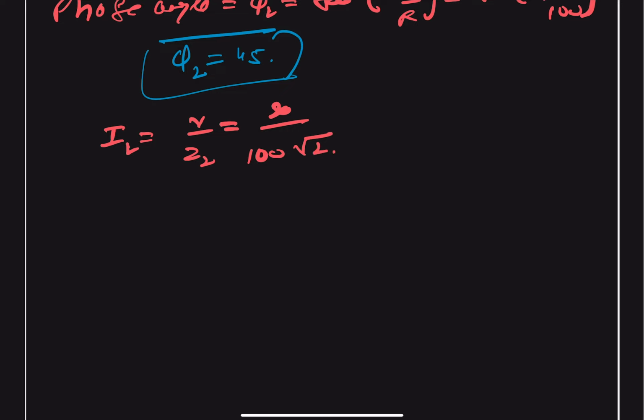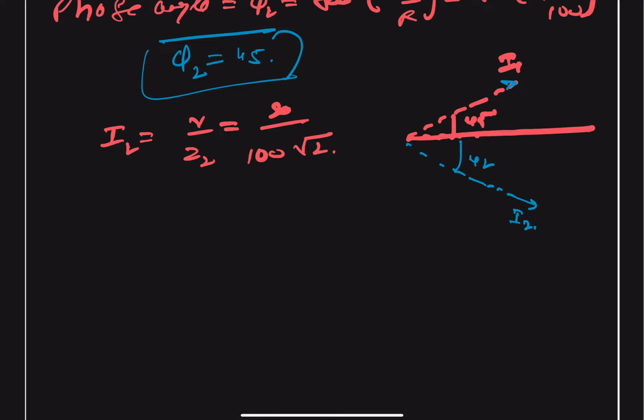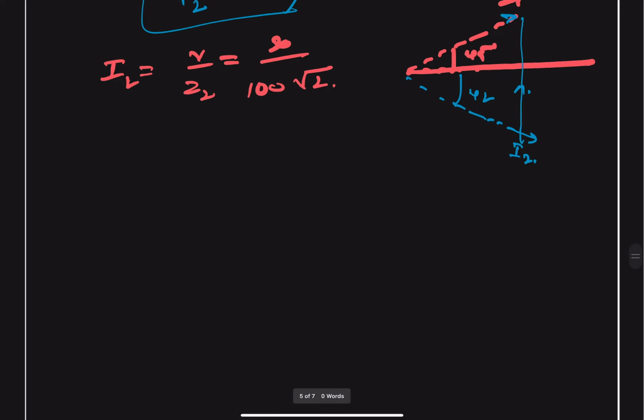And once again, we can now complete our phasor. So this was our I1 at angle of 45 degree. And now we have I2 which is also at angle of 45 degree. And we can find out the resultant current. The current I, that is net current, will be equal to vector sum of individual current.